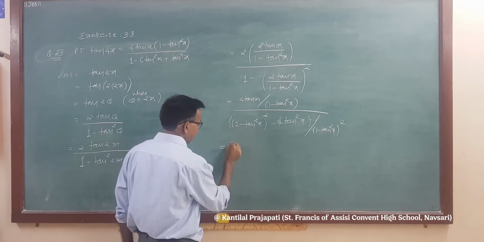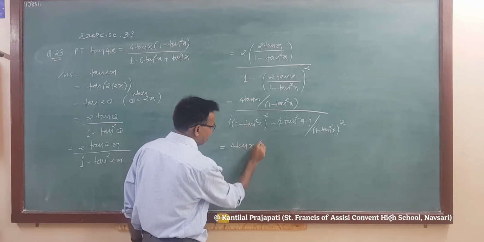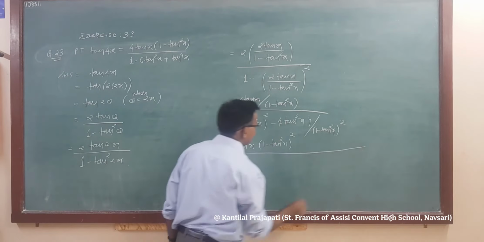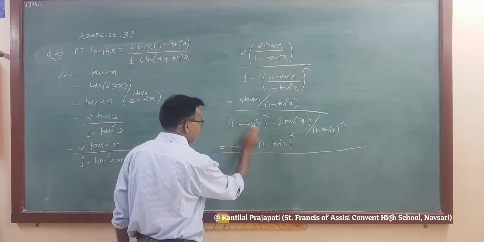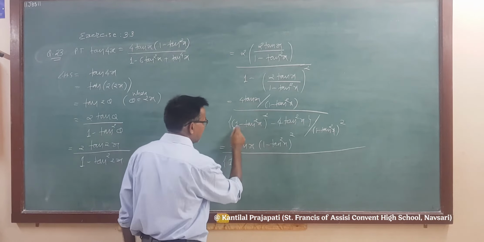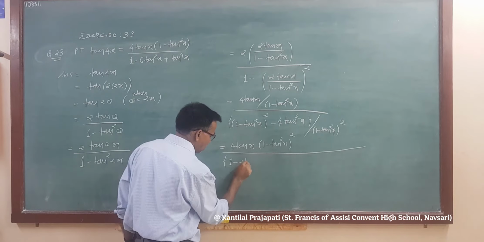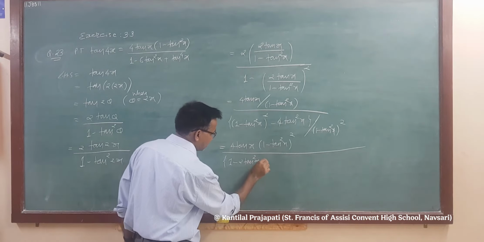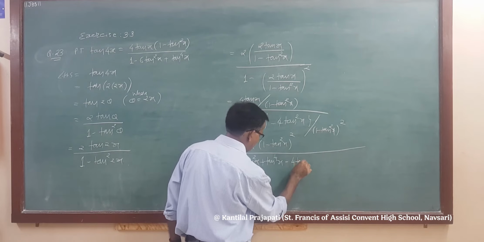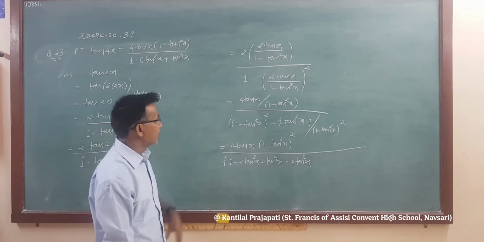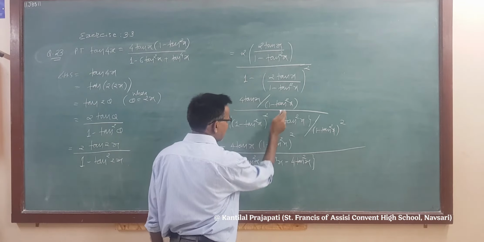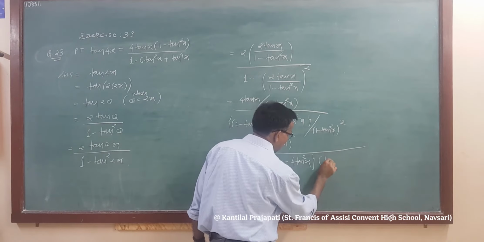The denominator of the numerator is multiplied into the denominator. So by simplification we get 4 tan x into 1 minus tan square x whole square, divided by, as we expand this bracket, 1 minus 2 tan square x plus tan raised to 4x minus 4 tan square x, times 1 minus tan square x.